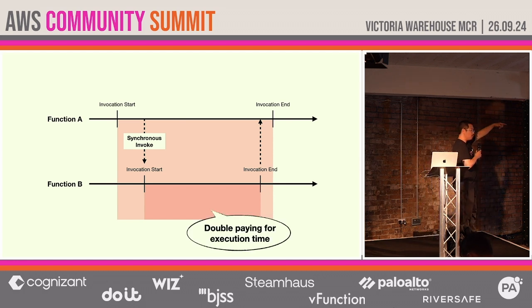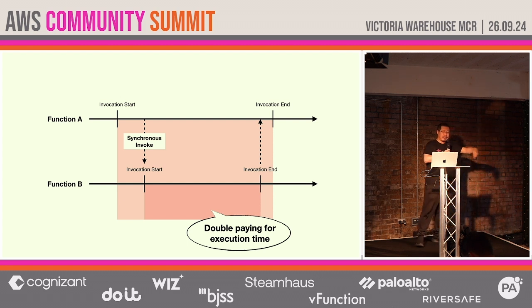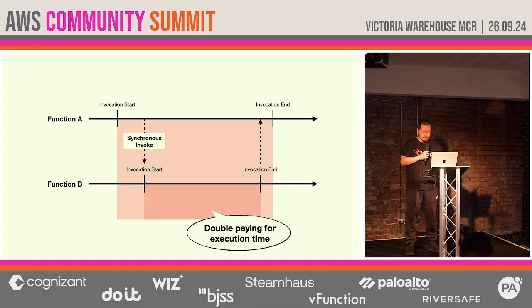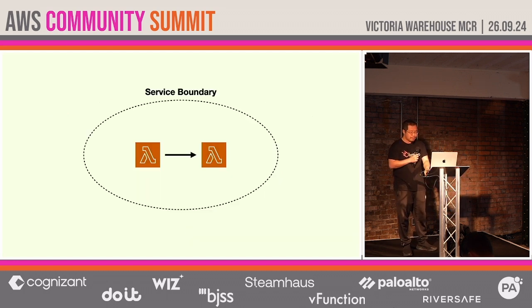The first function is still running, waiting, not doing anything. The second function is running, you're paying for that as well. So you're paying for the execution time twice, which again is just wasteful. I don't mind spending money, I just want to get value for money, and there must be a good reason for me to spend money on something. If I'm just doing it for the sake of it, then I'm doing something wrong.